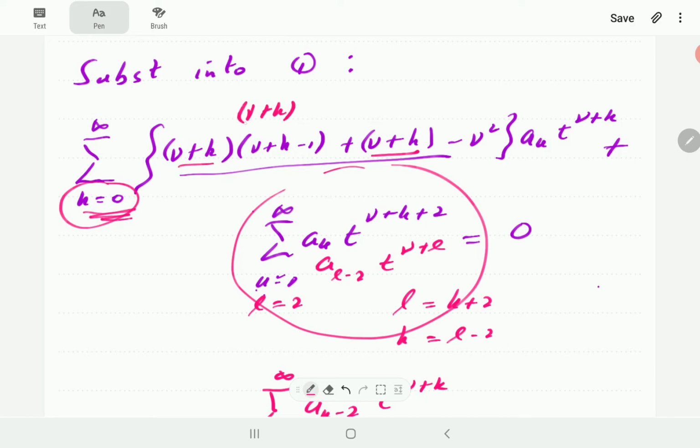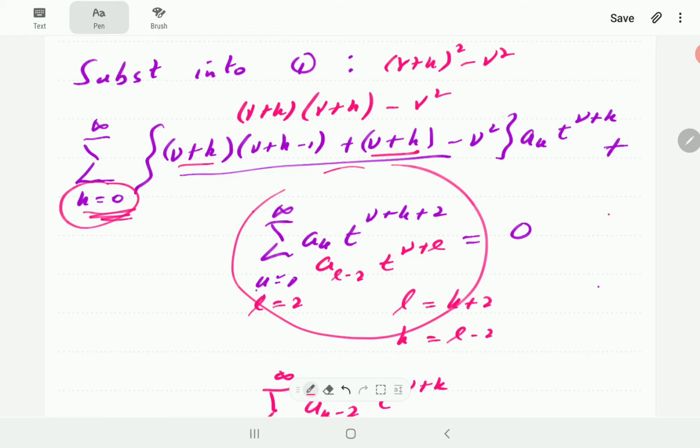So we're going to have nu plus k into, then this is going to be nu plus k minus 1 plus 1. So that's why it's going to be nu plus k times nu plus k, and then minus nu squared. And then this, you can notice now this is a difference of two squares. So I got nu plus k minus nu squared.